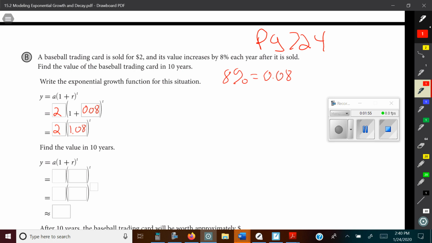All right, the next thing they want us to do is find the value in 10 years. So we write the function, which is 2 times 1.08, exactly what I got from right here. But now we plug in the number of years we need, which is 10.